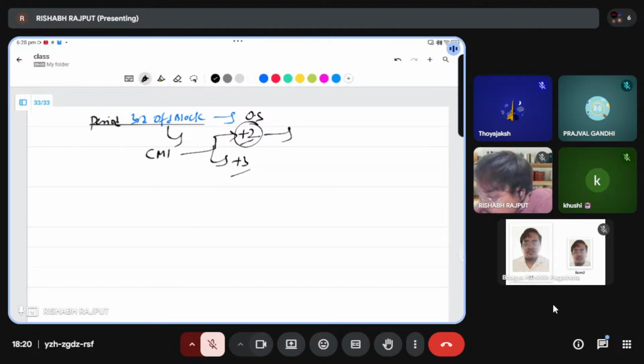Where the central metal oxidation state is three, the coordination number is six. Generally it will happen like this. This will help you in the future to make coordination compounds very fast. So please remember this.